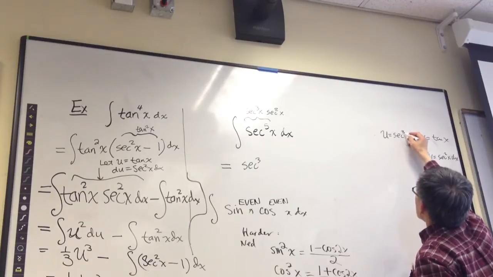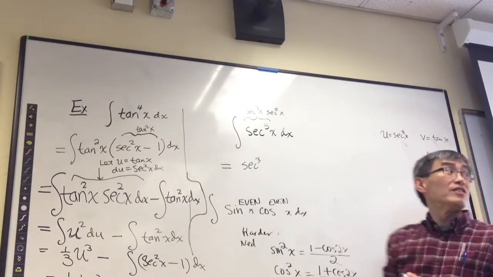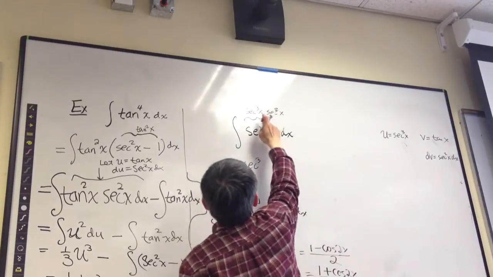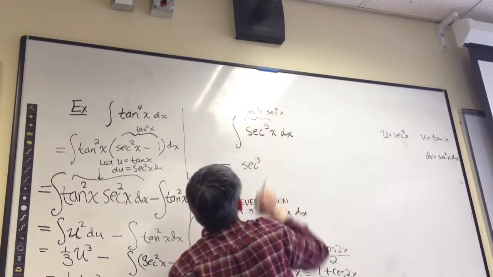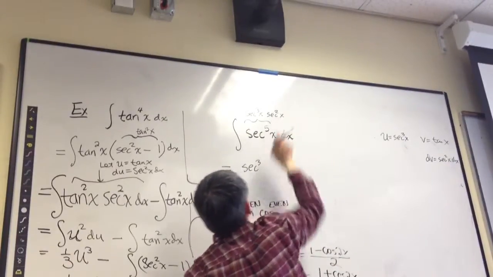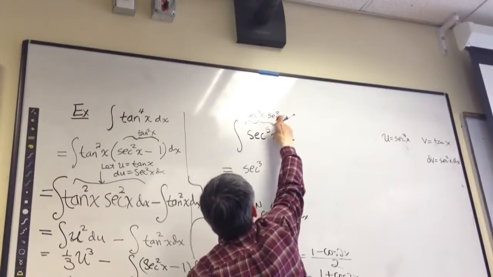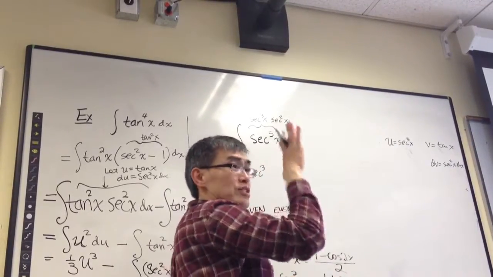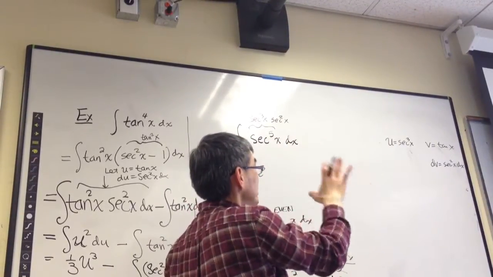Secant 3rd power x. So that's how you think of this as secant 3rd power times secant squared, and then dx. So that dx along with secant squared x gives you dv, and therefore v is tangent x.